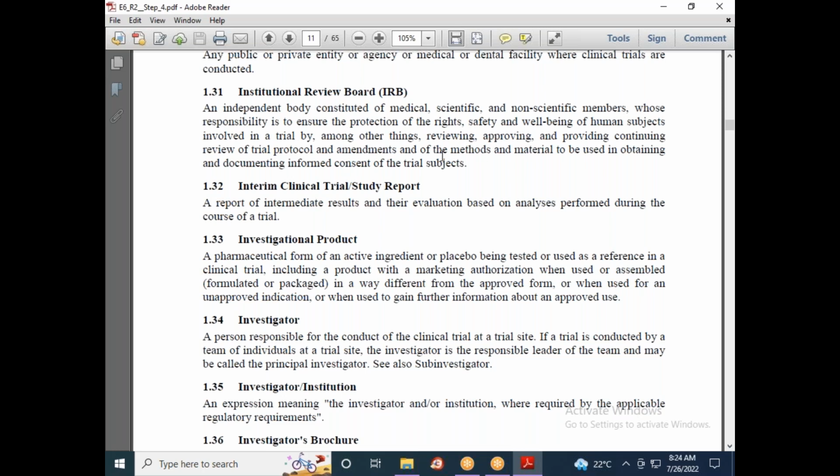I failed. So I modified my drug like this. Now I have done this. I failed. Again I modified my drug this way. I failed. So 4 or 5 instances, right from the beginning you have to give the complete document to the regulatory authority. So to get 10 years of data, how much time will it take here?